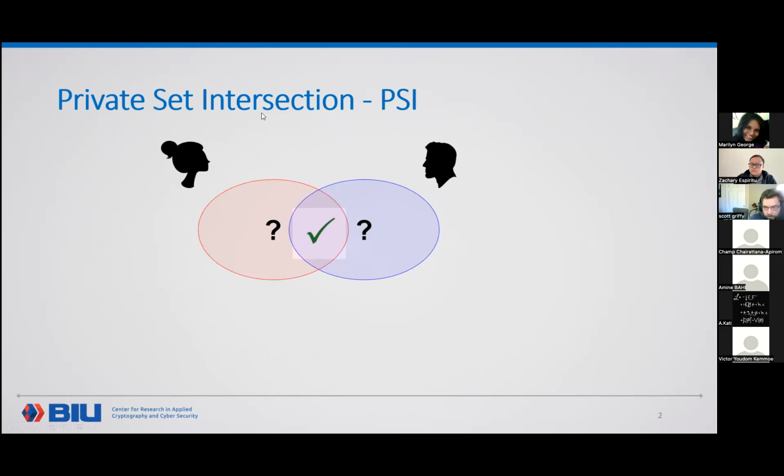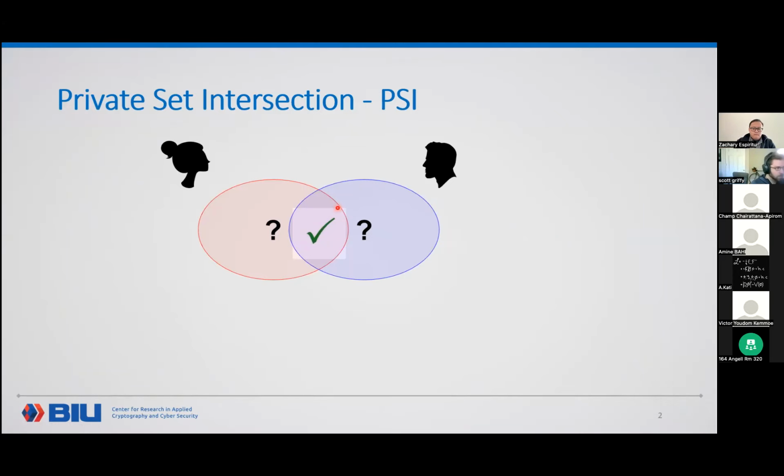Okay. So I'll start with an introduction to PSI, or private set intersection. In general, it's the problem where you have 2 or more parties. Each one of them has a private input set, and they wish to learn the intersection of the 2 sets and nothing more. Like 2 teachers who each have a student they suspect, and they want to check if they're thinking about the same suspect.